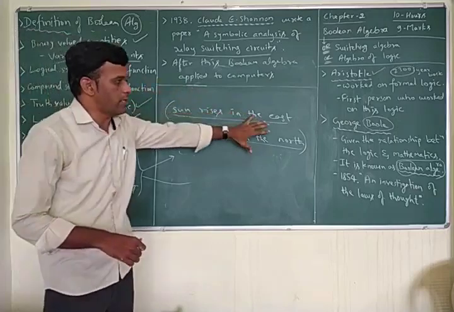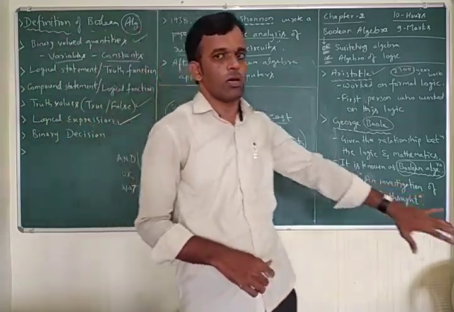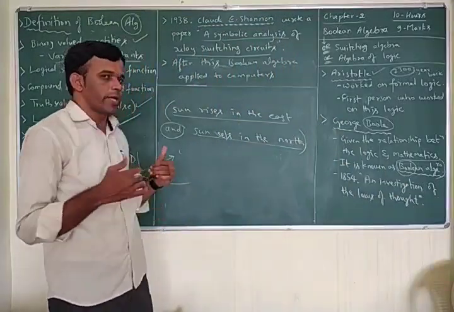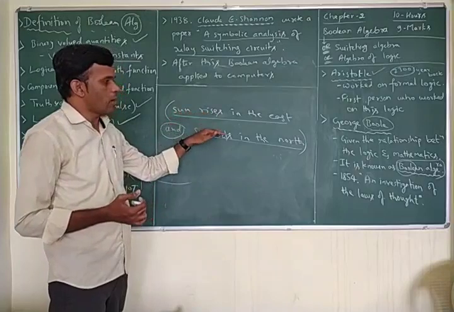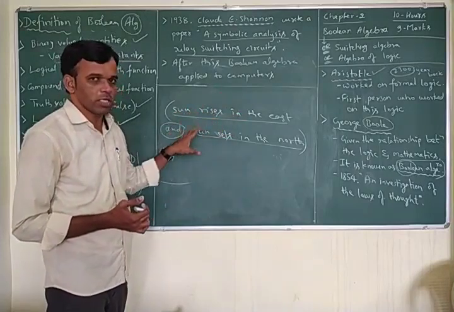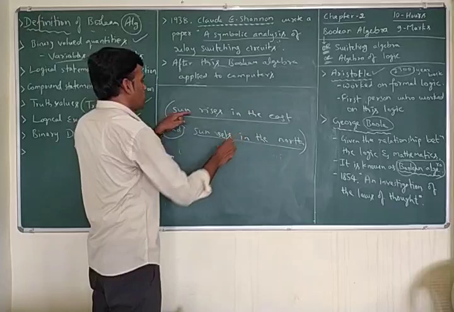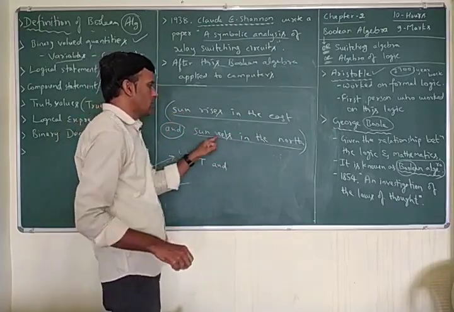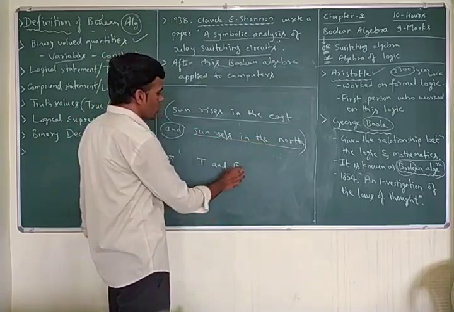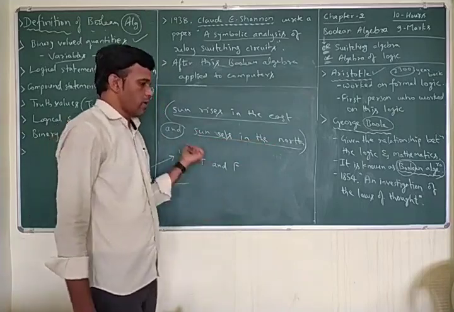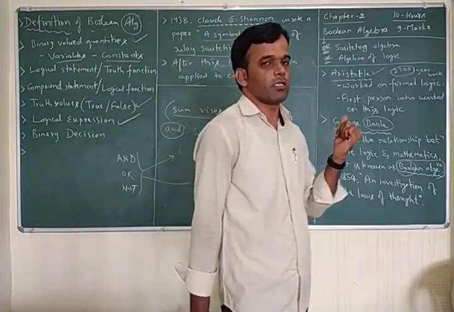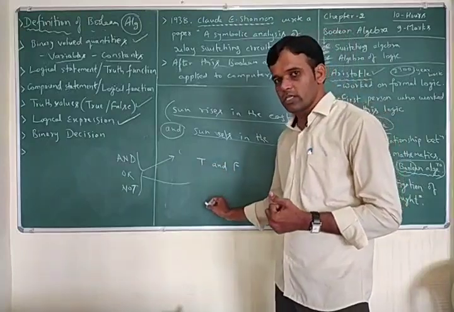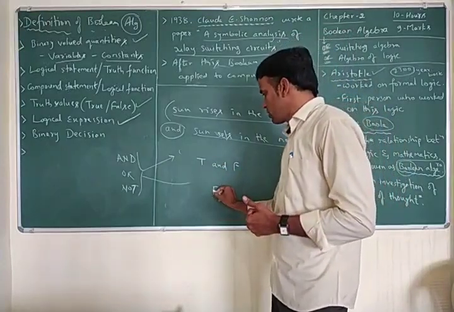For the compound statement also, the answer is going to be either true or false. For that, we should know the truth values of the individual components of the compound statement. Here, sun rises in the east is true, and this is an AND operator, and this one is false. Okay, the AND operator property states that when all are true, only then it is true, otherwise it is false.